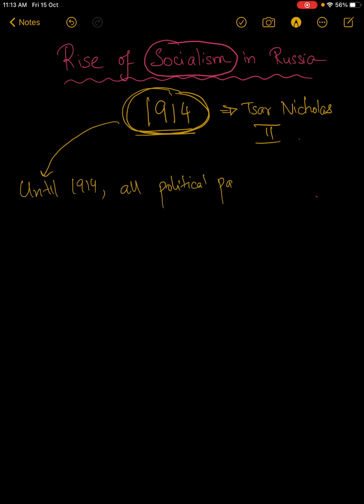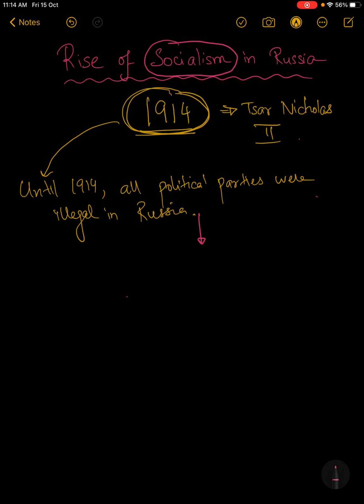You cannot really start thinking about setting up your own political party. You cannot think of having elections. There is essentially no universal adult franchise. Basically there's nothing.